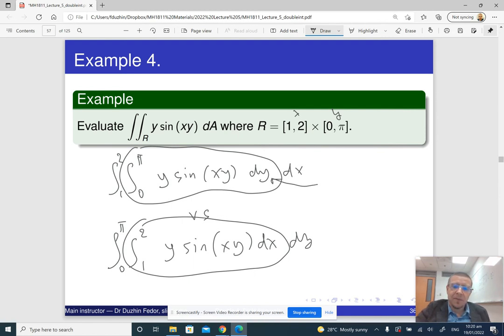While if you do this integral with respect to x, then there's no x in front, and you can just do it directly, which means that it's just easier to do the second integral. So if you just pause and look at it for a moment, you will realize that the second way seems to be much easier.